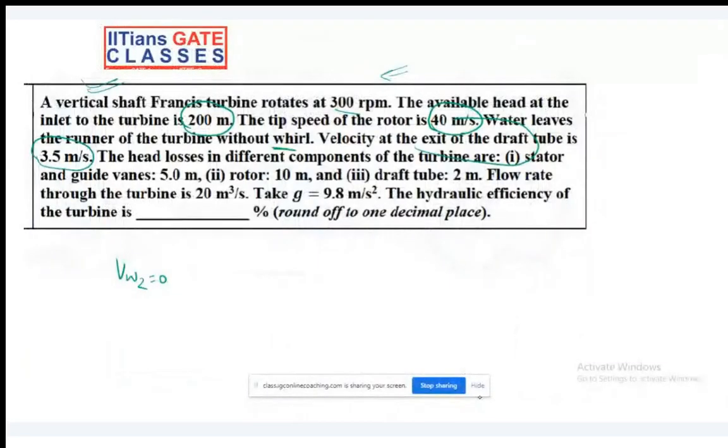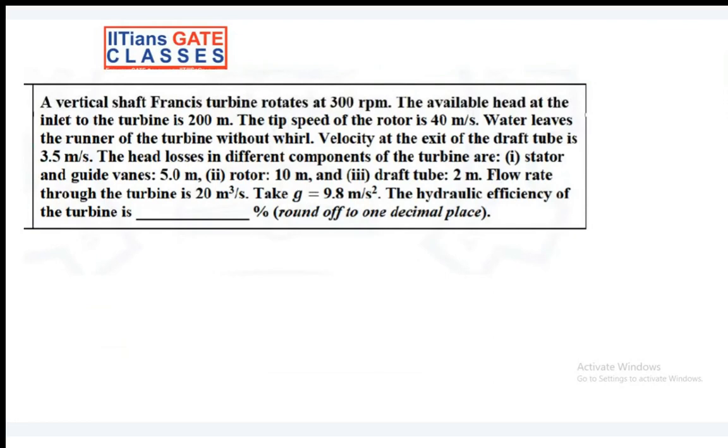Let us quickly read this question again. There is a vertical shaft Francis turbine which is rotating at 300 rpm. The available head at the inlet to the turbine is 200 meter, and the tip speed of the rotor is 40 meter per second.